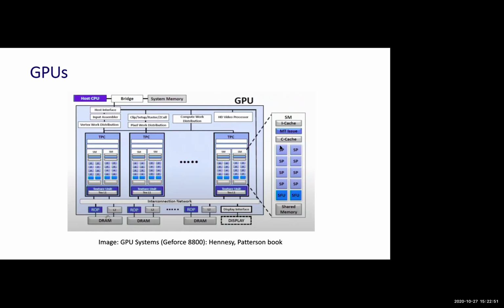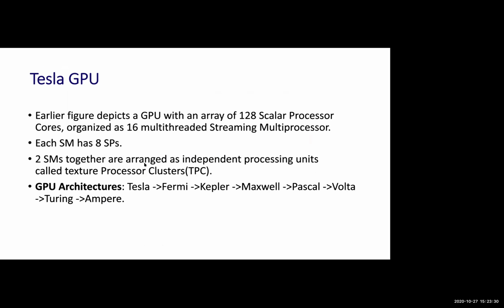These communications happen within the shared memory. But if a thread in one SM has to communicate with a thread in another SM, DRAM becomes the shared memory. Within an SM, a separate shared memory is used for communication between the threads running on these SPs.